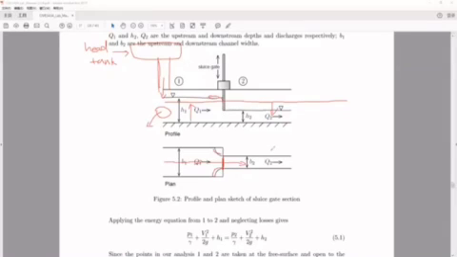Okay. Well, it's easier to say than actually doing it, because in reality it's very hard to maintain a constant H1 or H2.